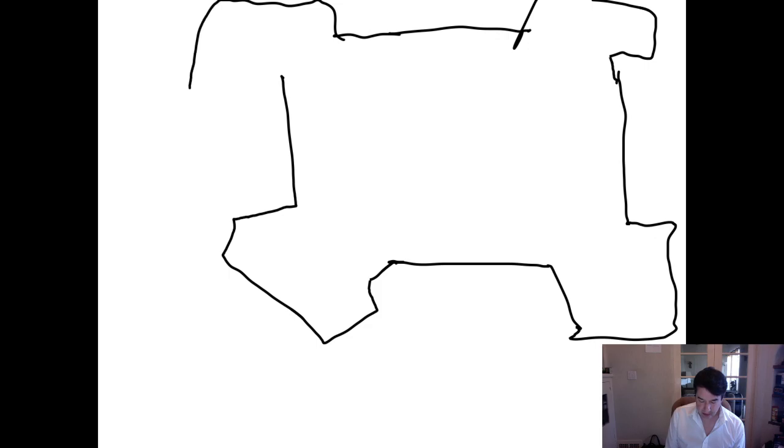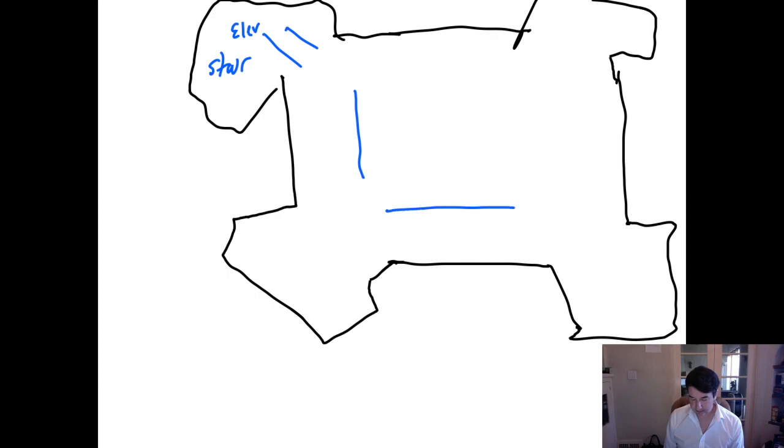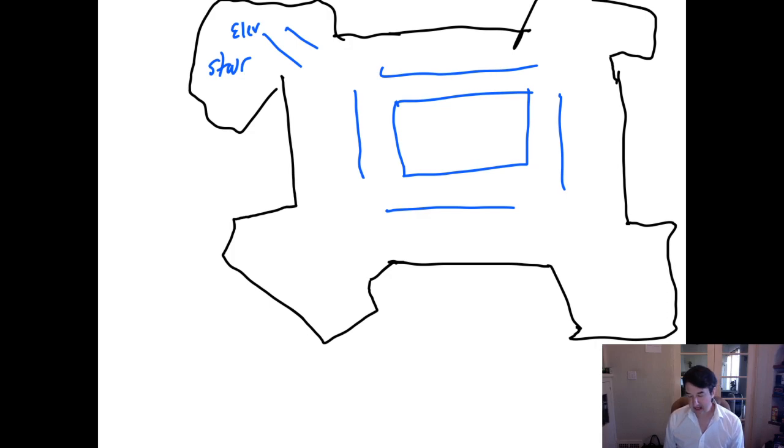Let's say the elevator would be in one of the corners, or you'd have a stairwell in one of the corners, and you'd come out of a hallway, and there were hallways going through the interior of this building.